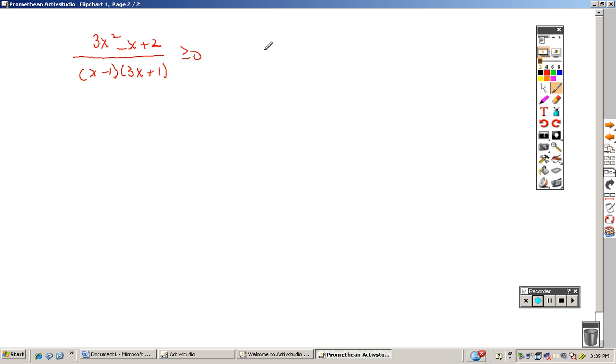No real zeros, so our next job is figure out when it's undefined, because we do not want to include values where the rational expression would be undefined. So we're going to essentially take our denominator, x minus 1 times 3x plus 1, set it equal to 0. And we get two values, 1 and negative 1/3.